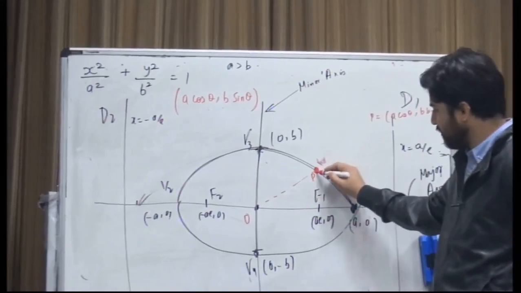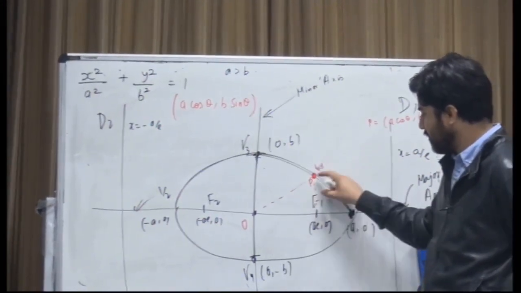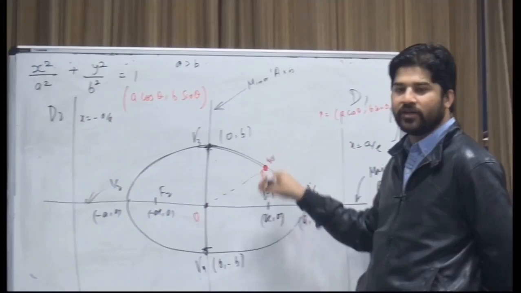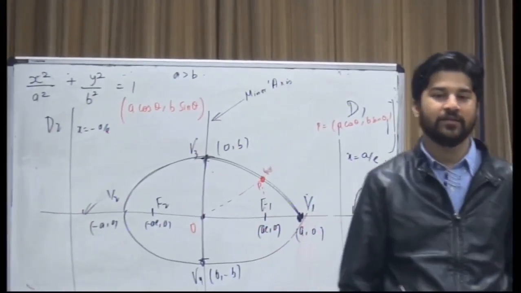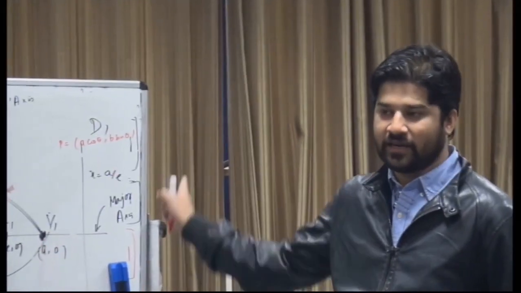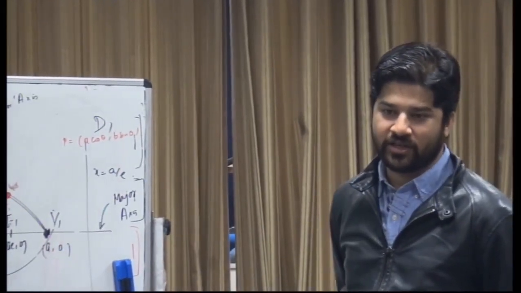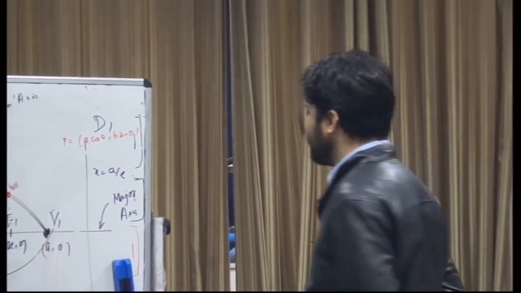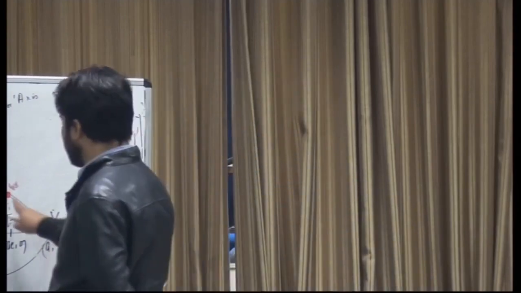If this angle is theta, then the coordinates should have been p cos theta, p sin theta, and a cos theta, a sin theta. But the coordinate is a cos theta comma b sin theta. So definitely this is not the story. If it were a circle, this would have happened, right?